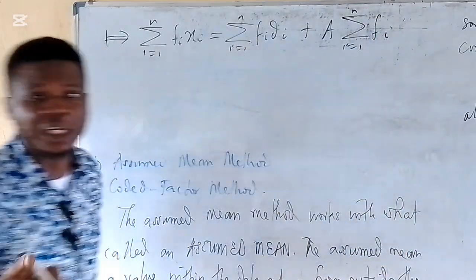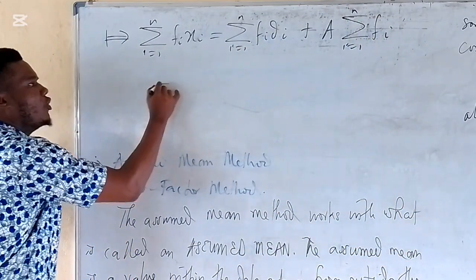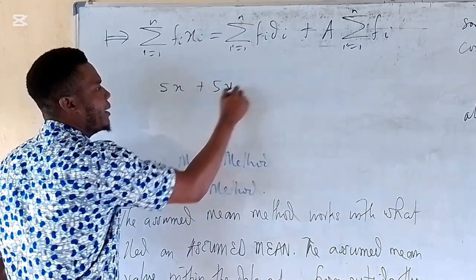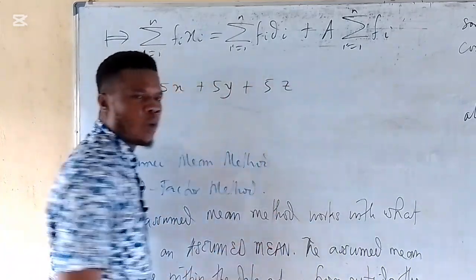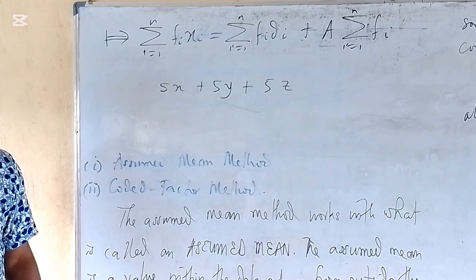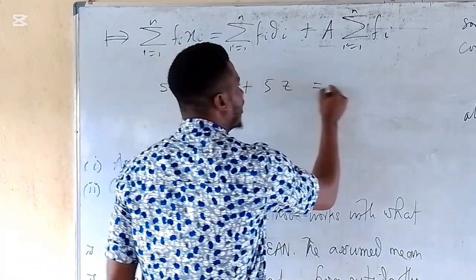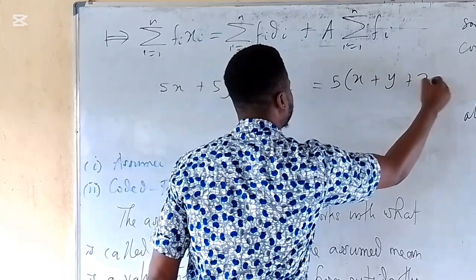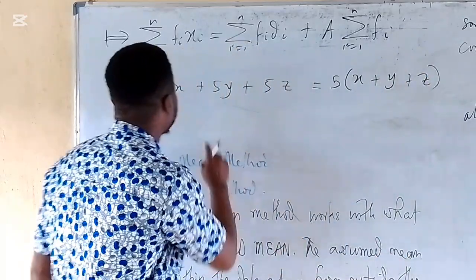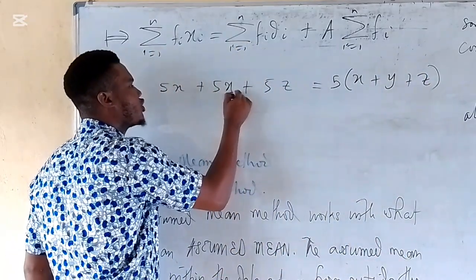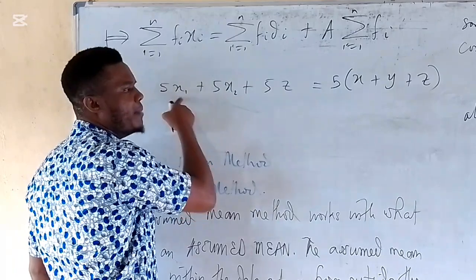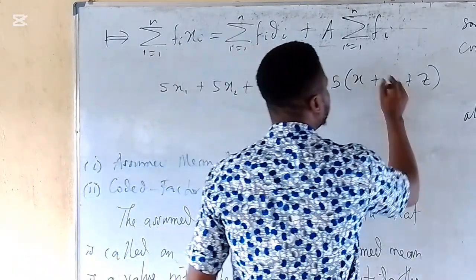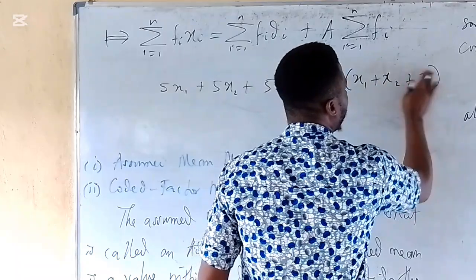Look up, everybody. See, if I tell you 5x plus 5y plus 5z, what is common to the three of them? 5. Is it not the same thing as saying 5 into bracket x plus y plus z? Now, let me change this y to x2. Let me change this one to x1, and this to x3. So this will be x1, x2, and x3.